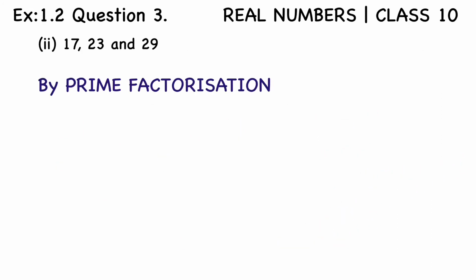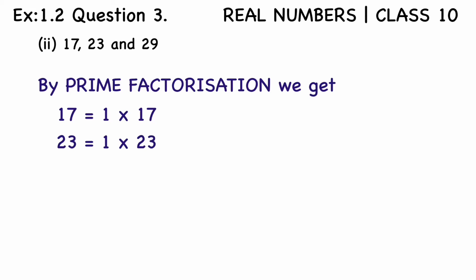You know 17, 23 and 29 are prime numbers. You already studied that for prime numbers the only factors you have are 1 and the number itself. For 17 you have 17 is equal to 1 into 17, 23 is equal to 1 into 23 and 29 is equal to 1 into 29. So we have HCF of 17, 23 and 29 as 1 and LCM is equal to 17 into 23 into 29.